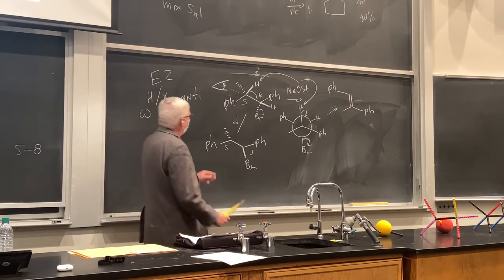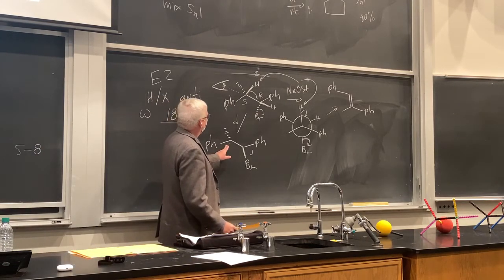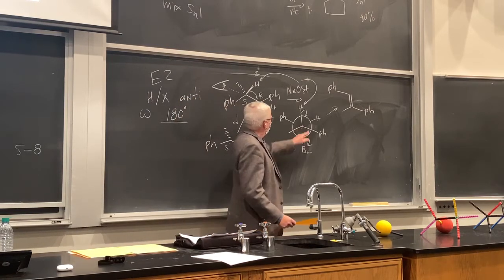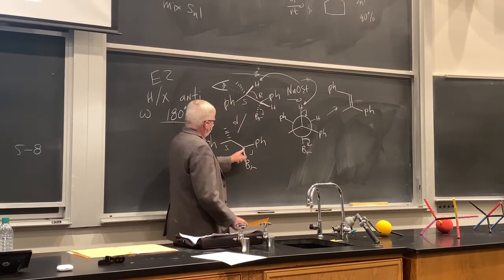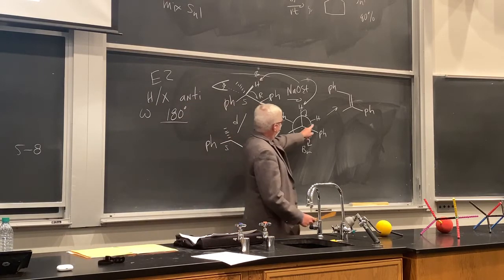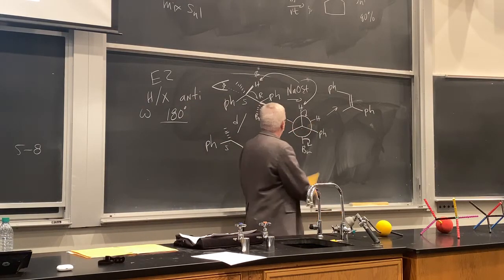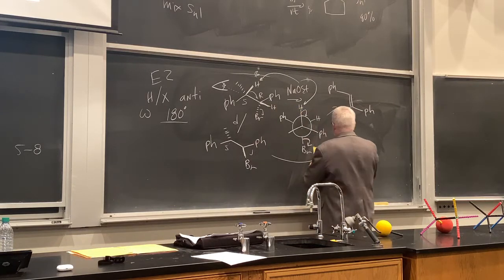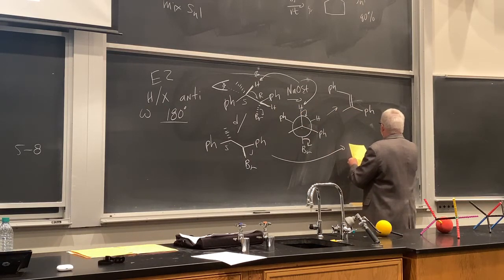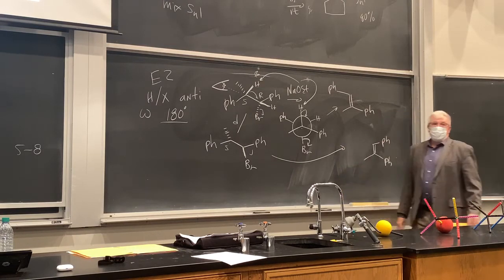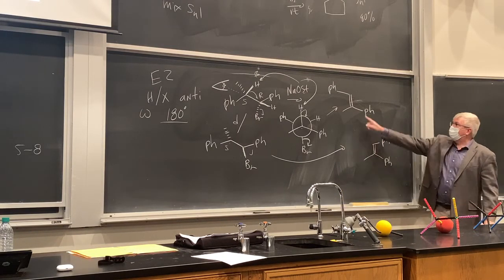You'd have to draw another Newman projection here. So you'd have this one in the front the same way. But then when you put this bromide down here, look, then this phenyl would be over here, and the hydrogen would be there. And this one gives this product only, okay? These are exclusive products.